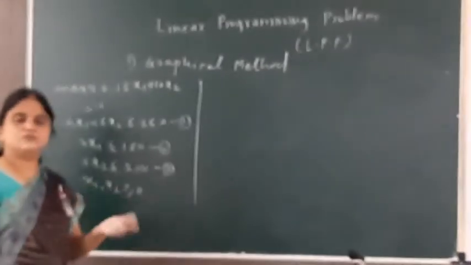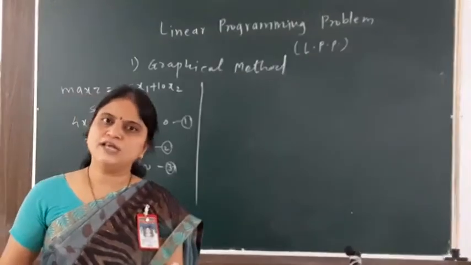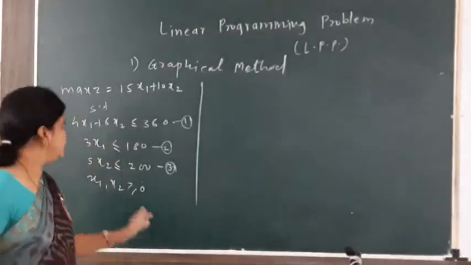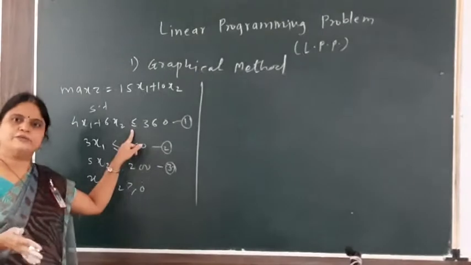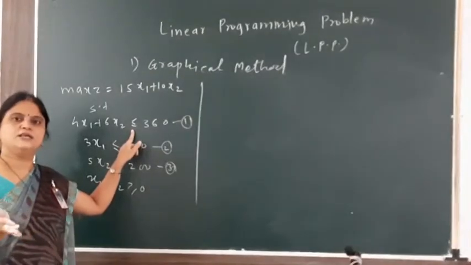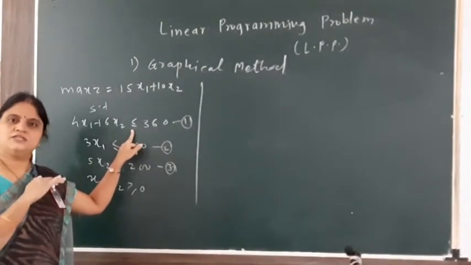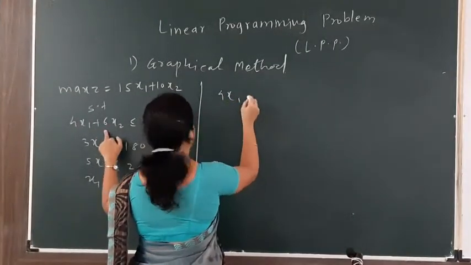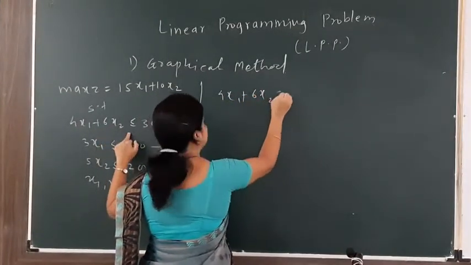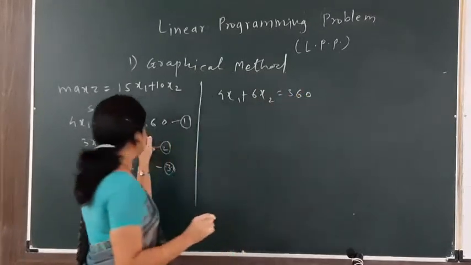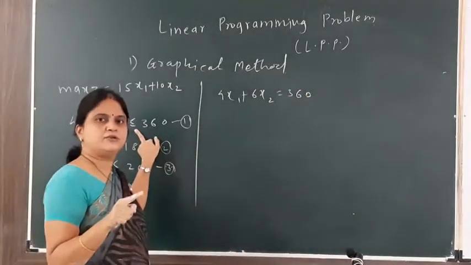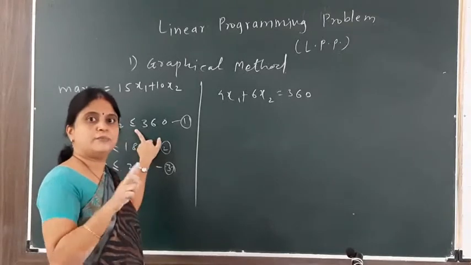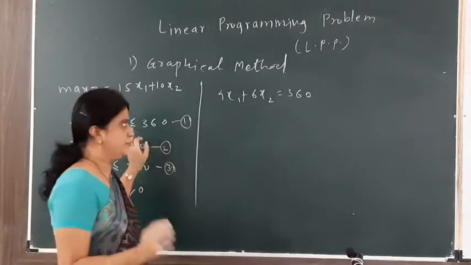Let me consider the first equation. To solve this, I will consider all the equations in equality type. Less than or equal to type is there, but I will consider that while giving the area under this line. So I can have the equation as 4x1 plus 6x2 is equal to 360. That means the less than or equal to type is converted to equality type directly, not by introducing any surplus or slack variable.